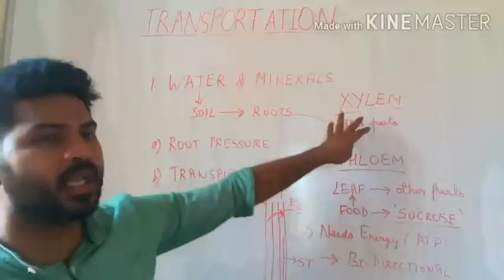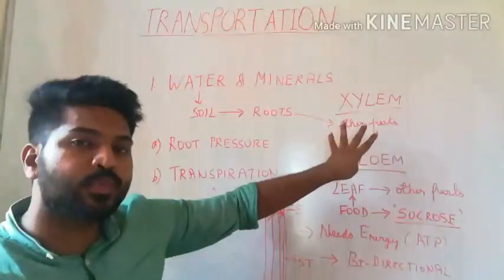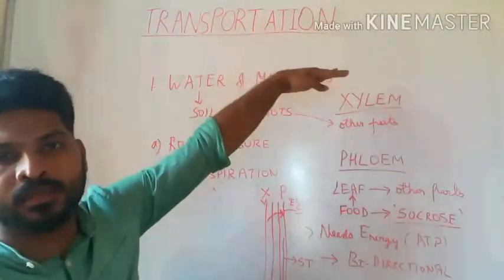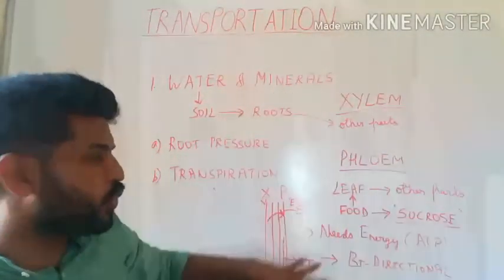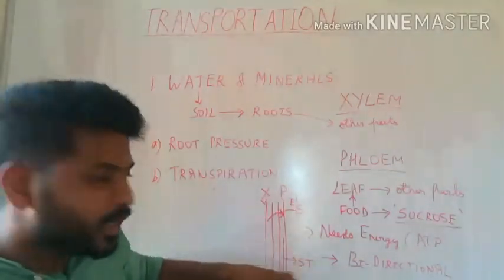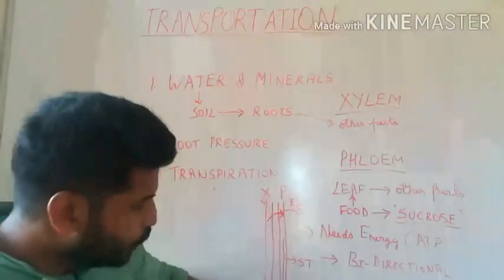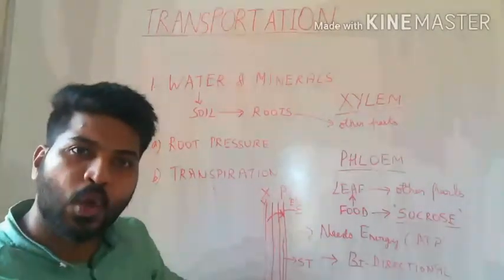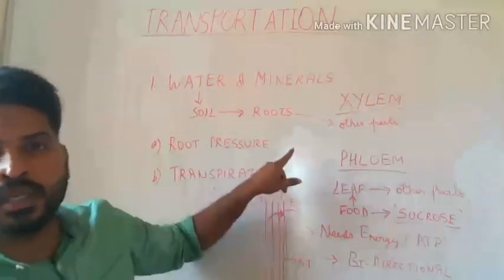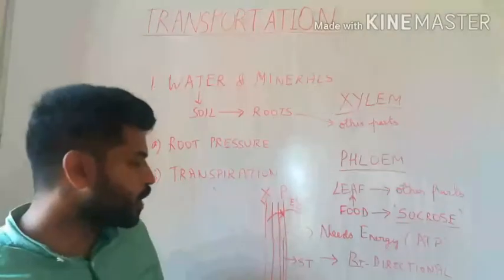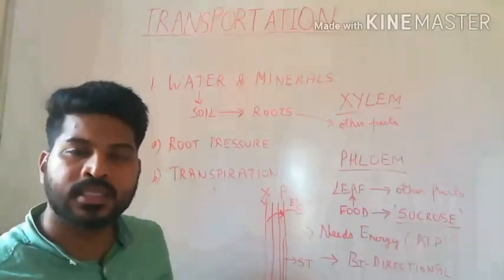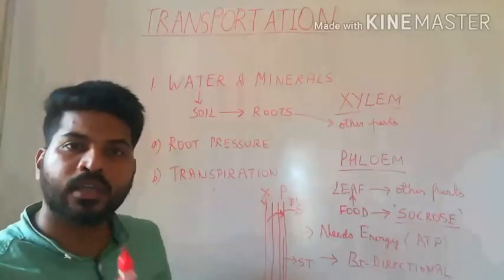In the case of xylem, water is always transported from roots to the upper parts, that is leaf. In the case of phloem, food can be transported from the leaf to the root, or reverse from the root to the leaf. When? Because we know roots, fruits, seeds are the organs that store the food.